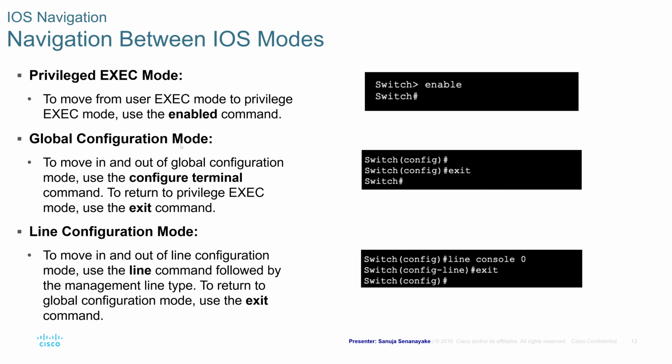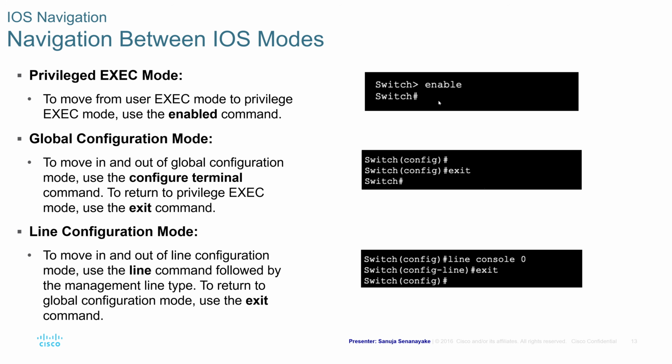To enter global configuration mode, you use the configure terminal command. To return to the privilege executive mode, you will use the exit command.